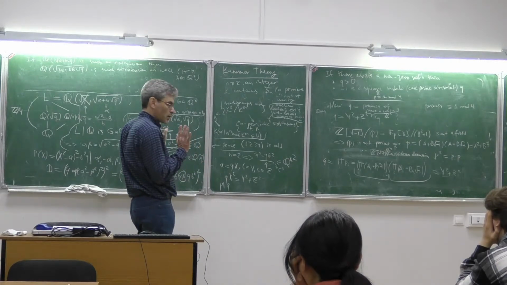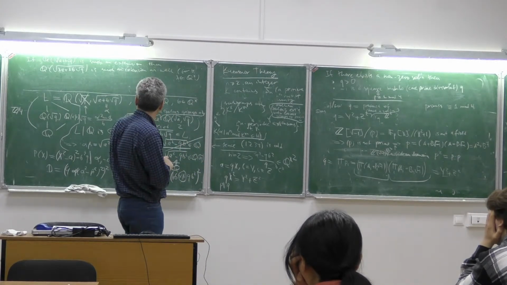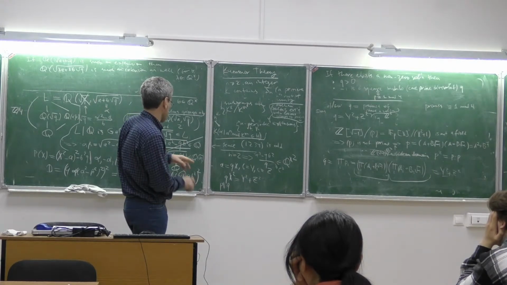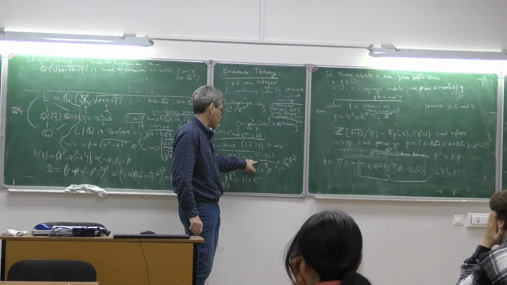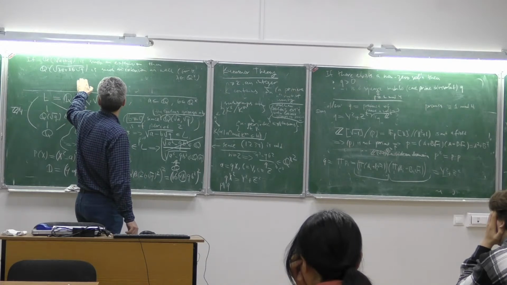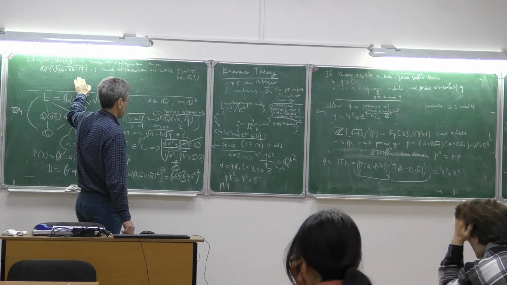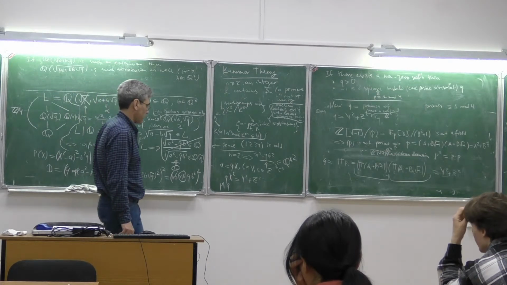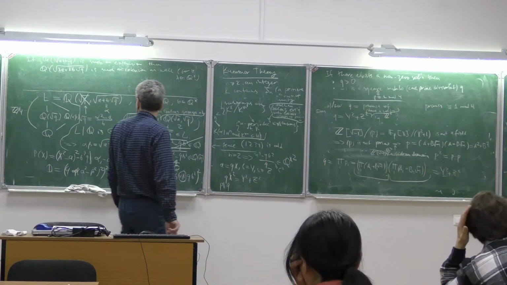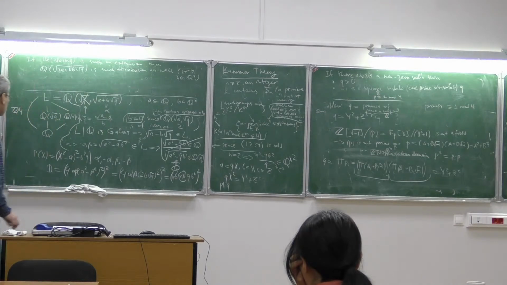No, it's okay. I think it's okay because we just have to check that this condition guarantees that this extension is exactly as we want. So let us come back to our argument.